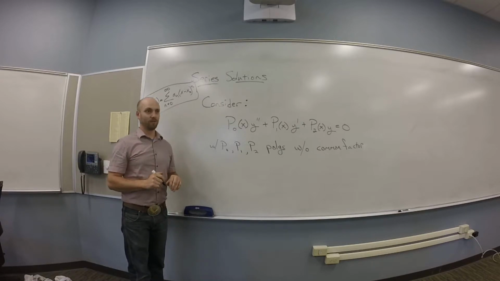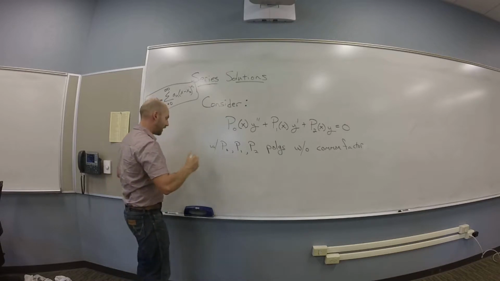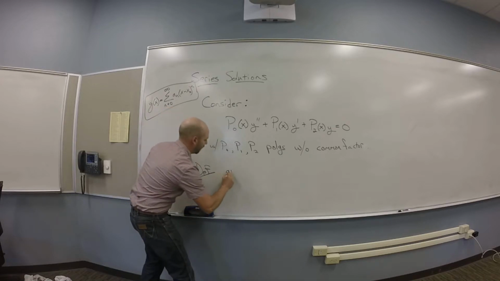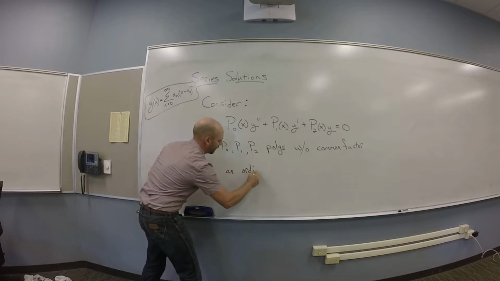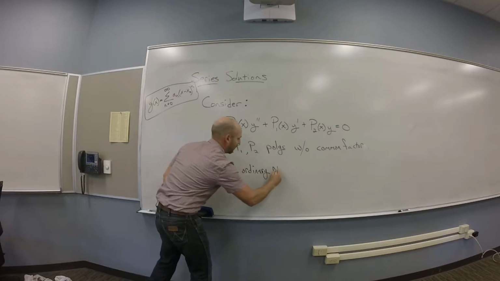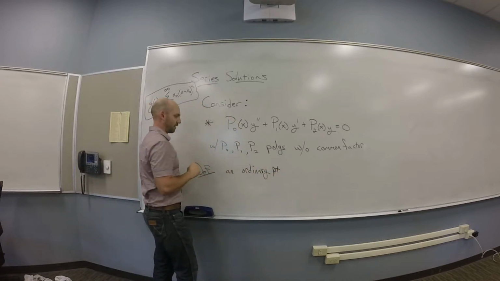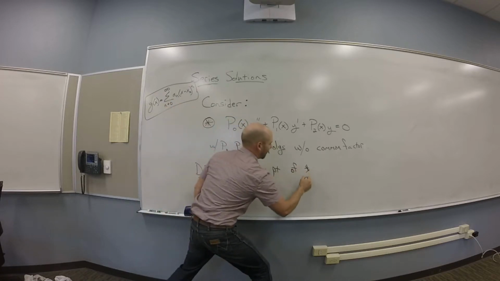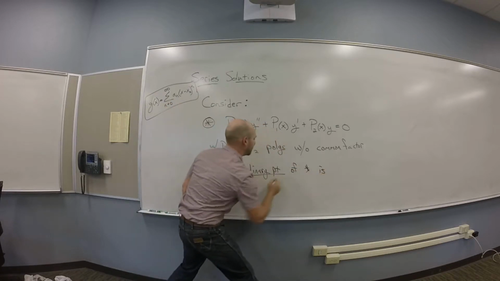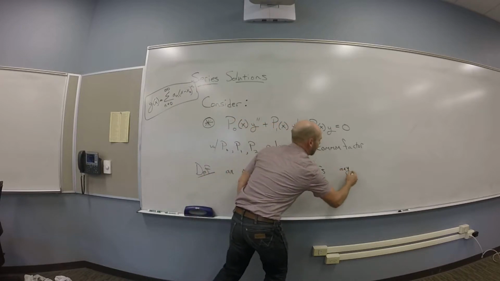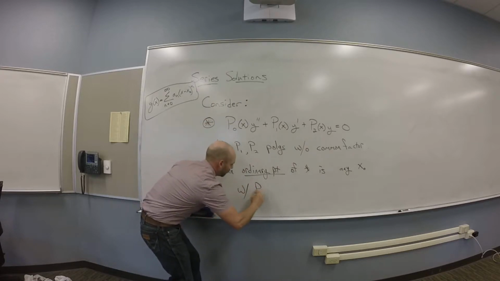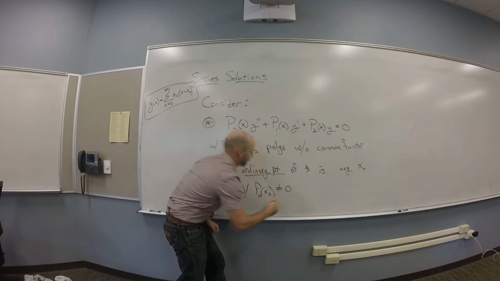Okay. I need a definition. An ordinary point of star is any x naught with p naught of x naught not 0.